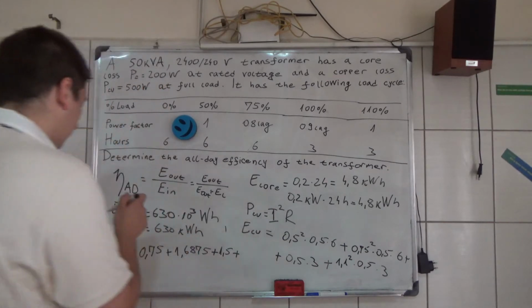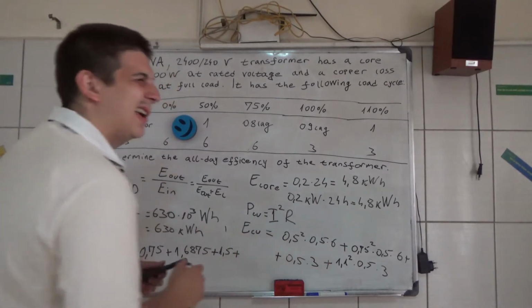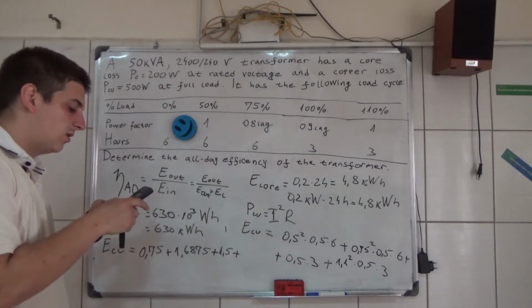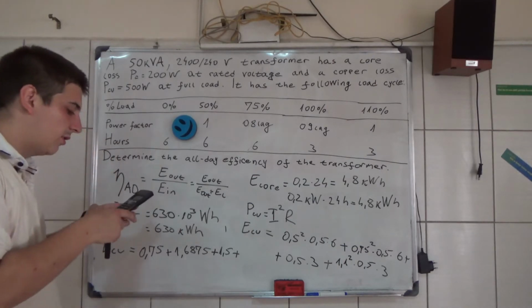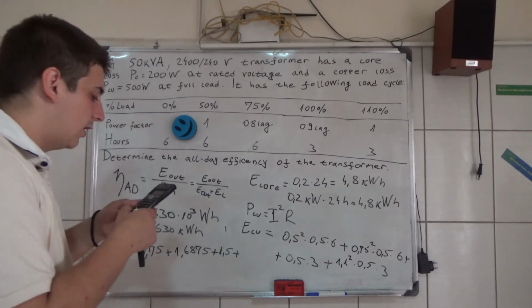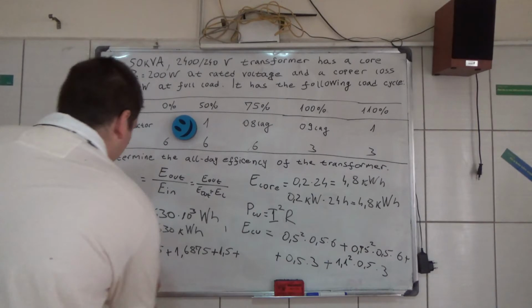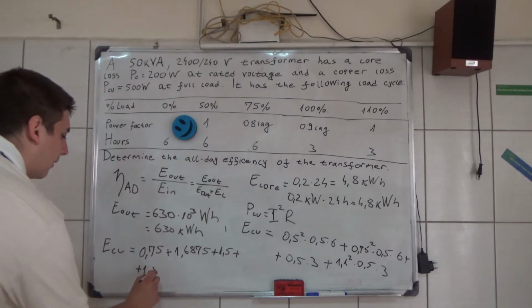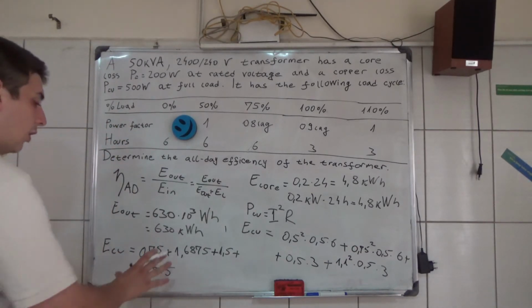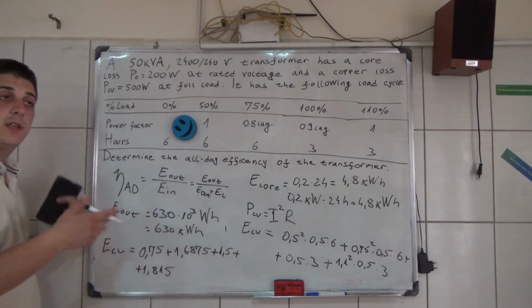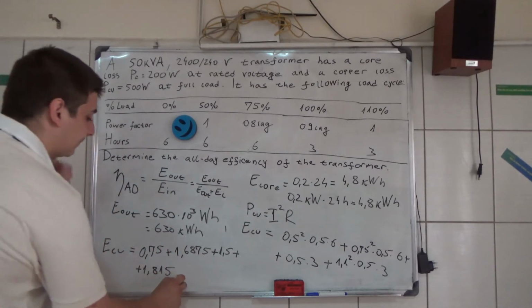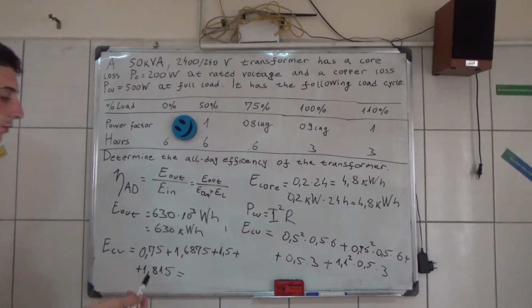Plus 1.1 squared, that is 1.21, times 0.5 times 3, and that is equal to 1.815. So all this here is in kilowatt hours. And all you have to do is add all these values.